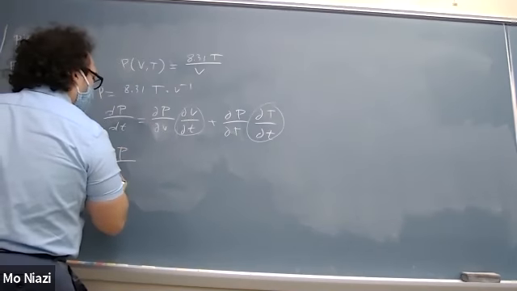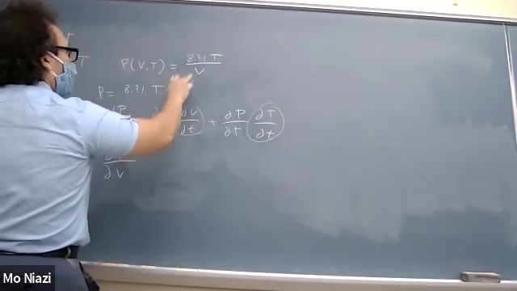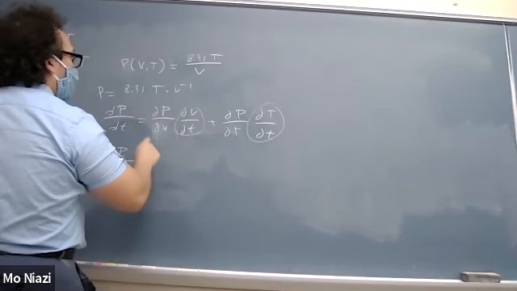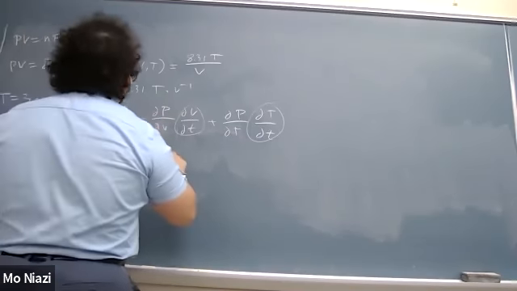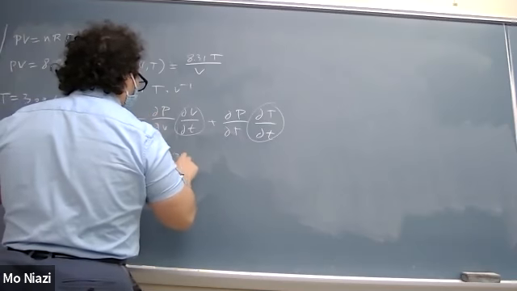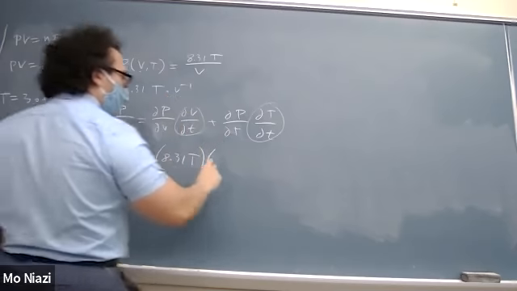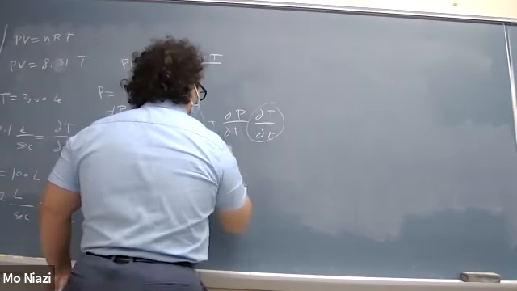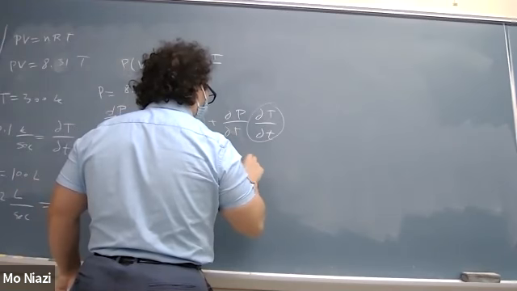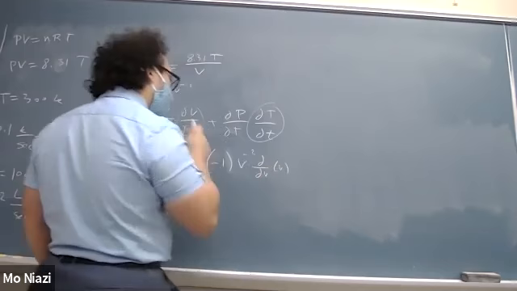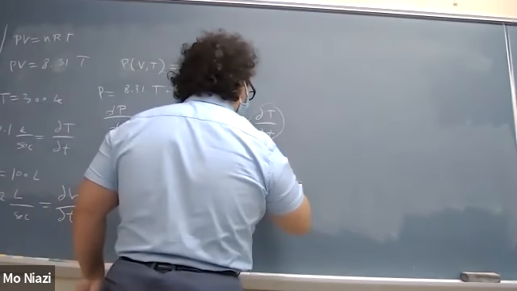Partial P, partial V is the derivative of this guy. If it's with respect to V, it ignores this part. So this becomes 8.31 T. It's treating that like a constant. And it takes the derivative of this, so it becomes negative 1 times V to the negative 2, partial V of V, which is just 1, right?